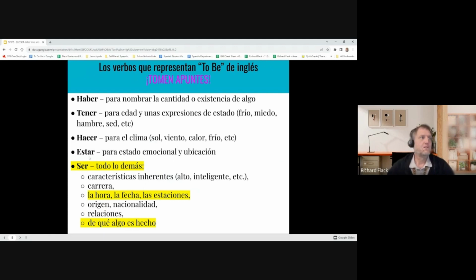We had the verb estar to talk about our emotions and our location. And then we've been working on level 2 with the verb ser for inherent characteristics, talking about careers, origin, nationality, relationships. And today we're going to finish off with time, dates, and what things are made of.